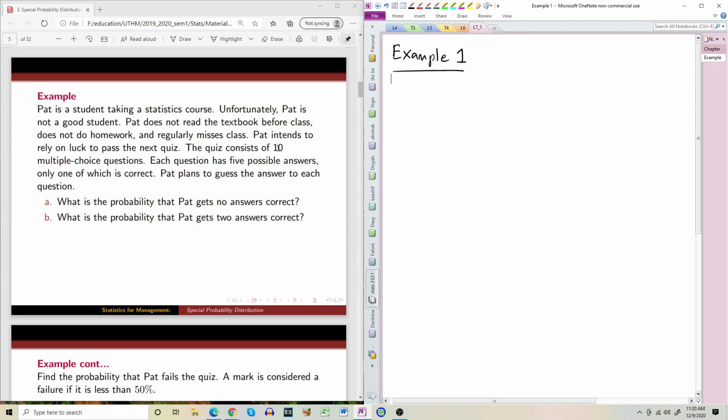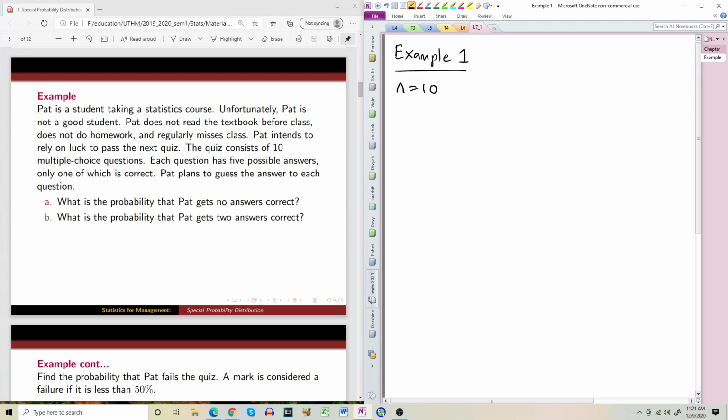The quiz consists of 10 multiple choice questions. So Pat is going to answer 10 multiple choice questions. The n here, the number of trials, is 10. There are 10 questions, so she is going to answer 10 times.